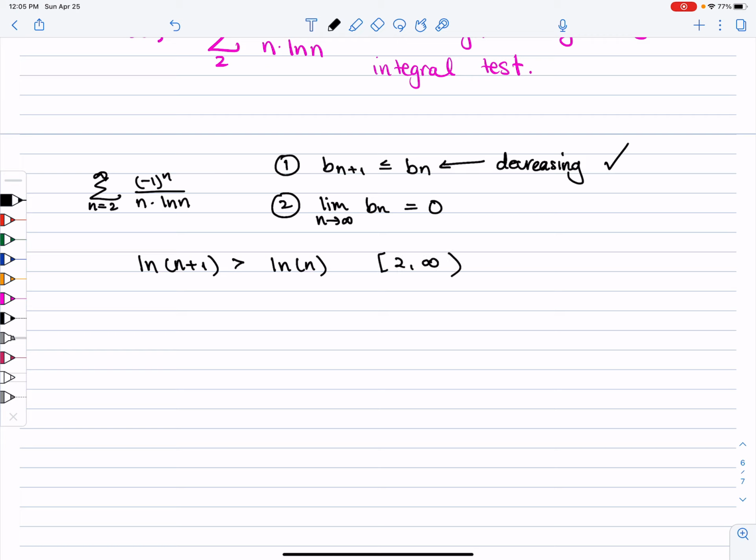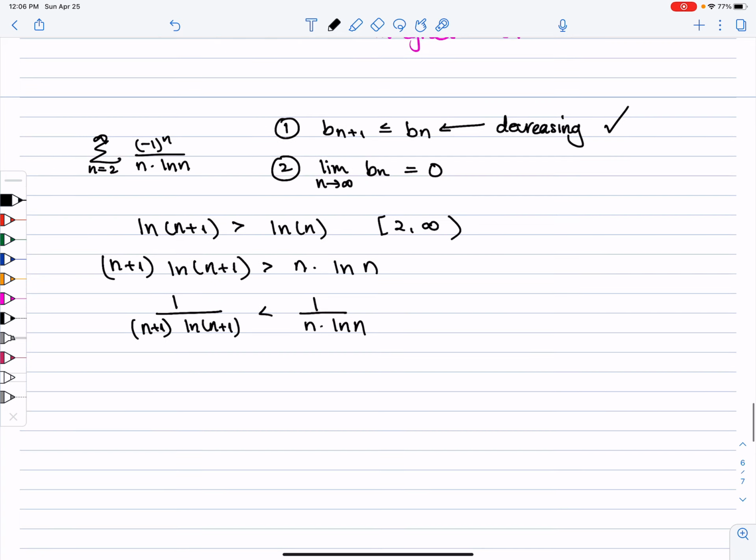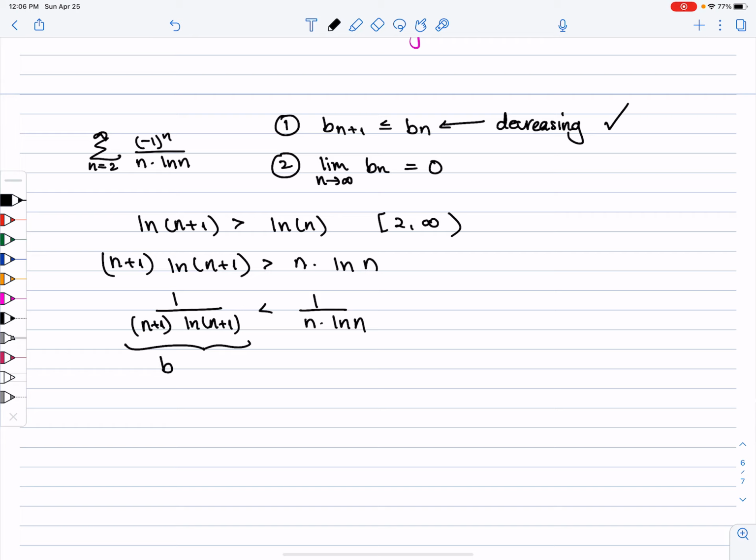We can also say that n plus 1 times ln of n plus 1 is greater than n times ln of n. So we're multiplying by a bigger number on the left-hand side. So 1 over n plus 1, ln of n plus 1 is going to be less than 1 over n times ln of n. And this just showed that b sub n plus 1 is less than b sub n. Again, it's decreasing. So the first condition is met.